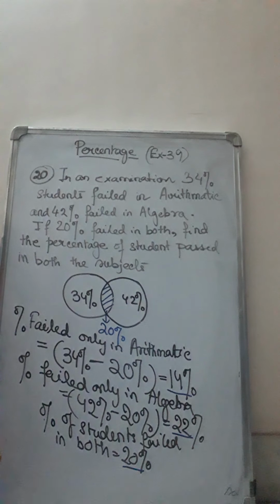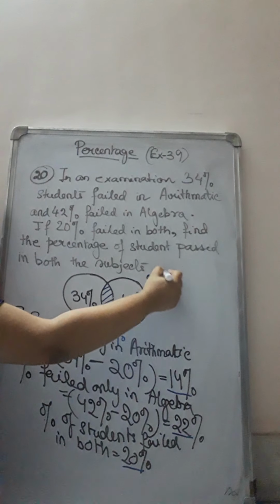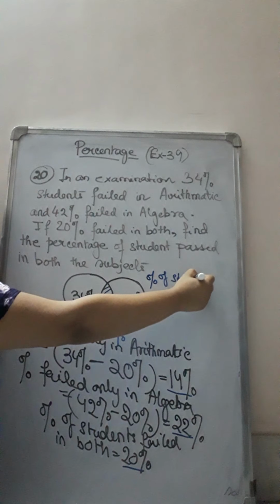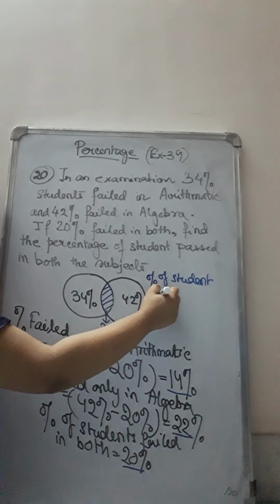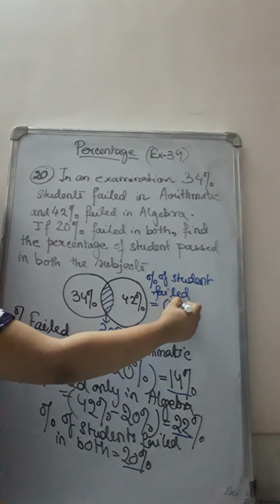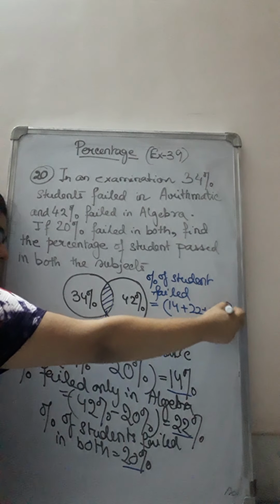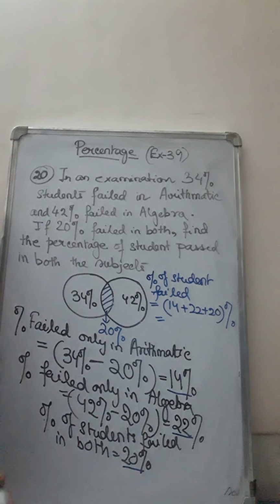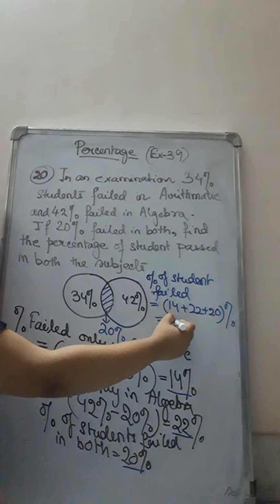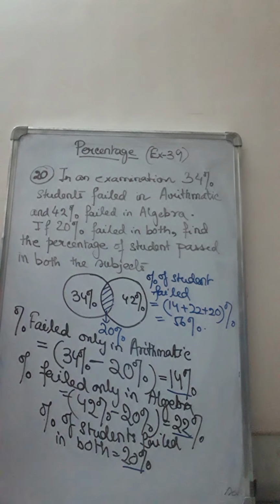If I add it up, then we can find what is the percentage of student failed. So I am writing over here percentage of student failed is equal to 14 plus 22 plus 20%. That is equal to 42, 56. 56% of the student failed in all.